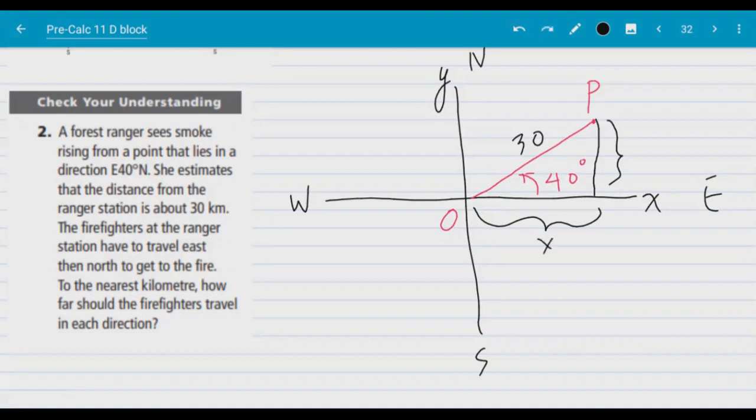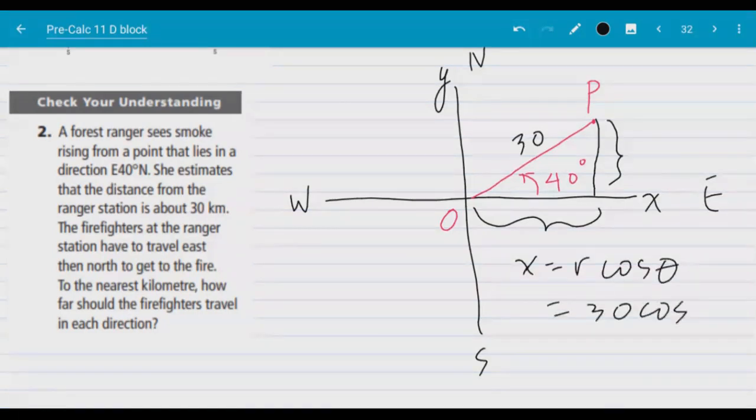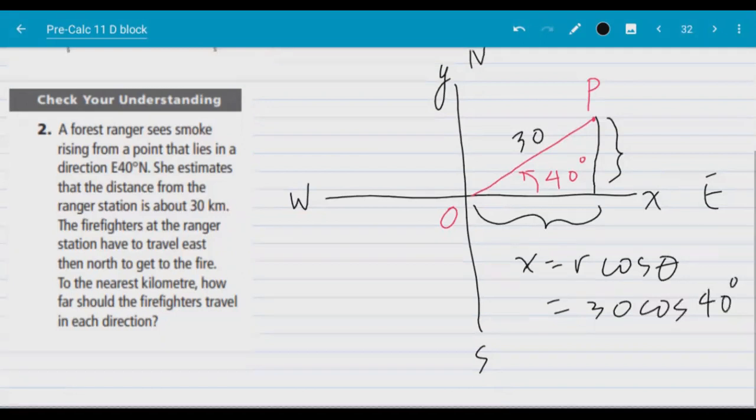What is this going to be? That x will be given by, we already have seen it before, x is equal to r cosine theta, and that will be 30 times cosine of 40 degrees.